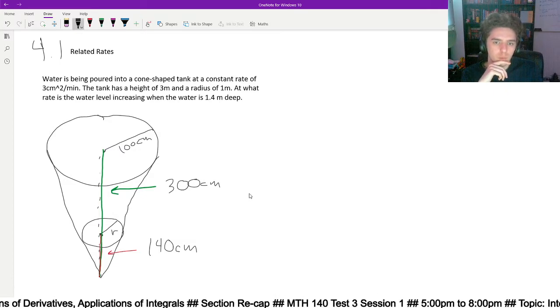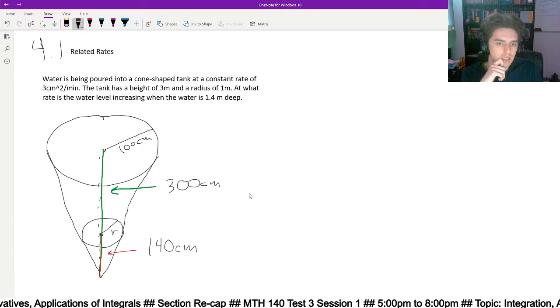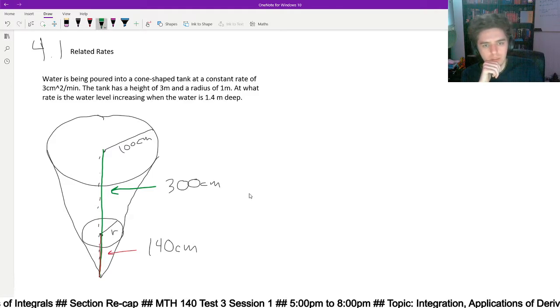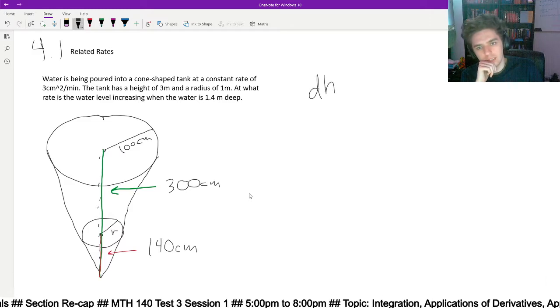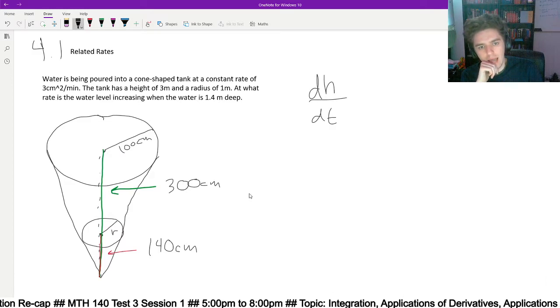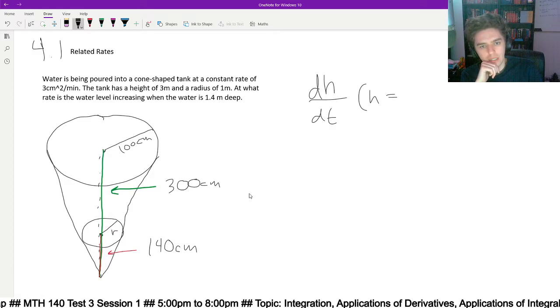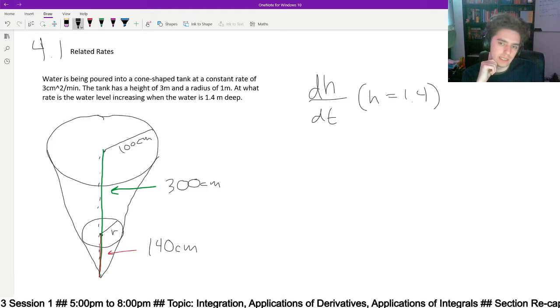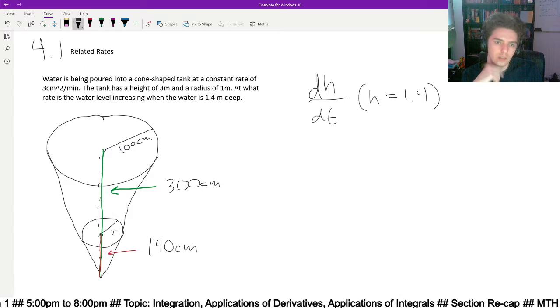So we're asking at what rate is the water level increasing when the water is 1.4 meters deep. In other words, we're looking for dh by dt when h equals 1.4. So what do we know?